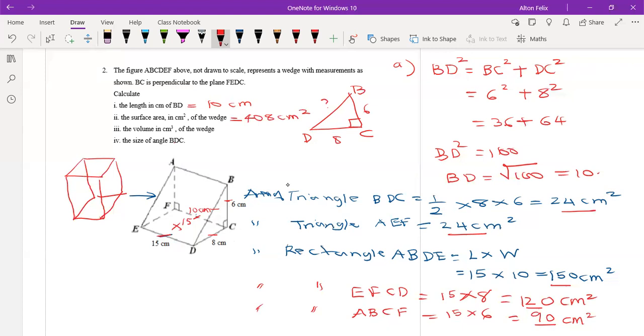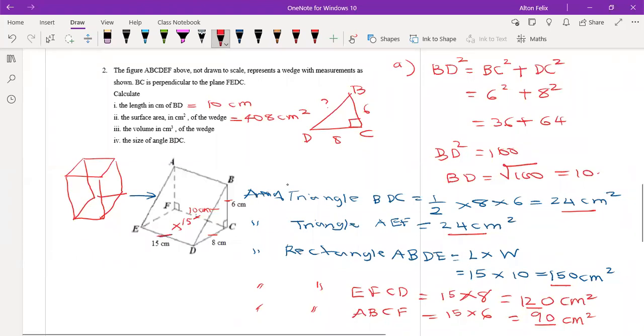So what I'm proposing to find the volume of that wedge is to find the volume of this shape here, and then divide the answer by 2, because the volume of the wedge will be half the volume of this full cuboid.